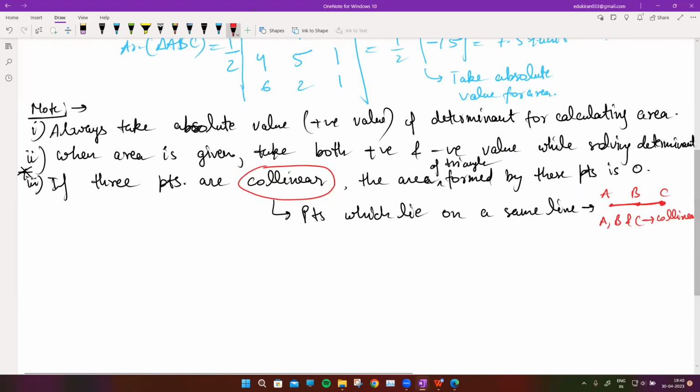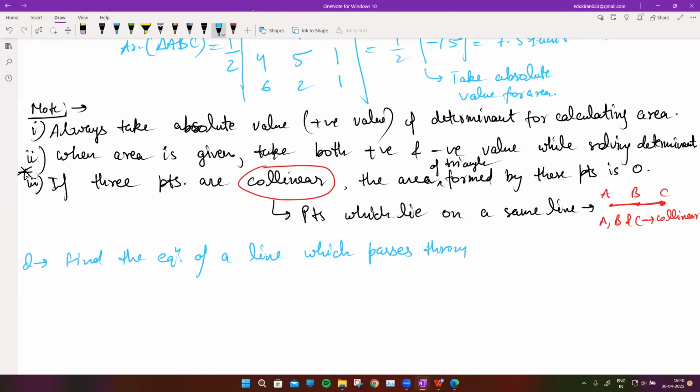So let's solve a question. The question says, find the equation of a line which passes through (1, 2) and (3, 1).